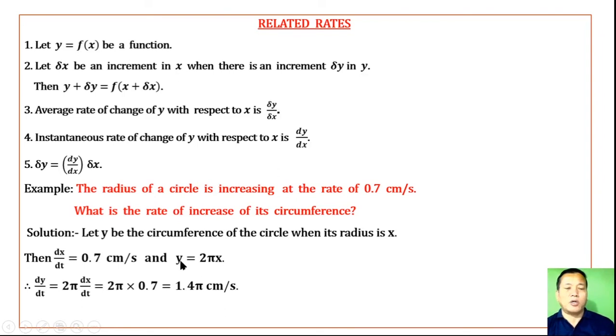Differentiating both sides with respect to t, we get dy by dt is equal to twice pi, which is constant, into dx by dt, as x is a function of t. The value of dx by dt is given as 0.7. It becomes 1.4 pi centimeter per second. Thus, the rate of increase of the circumference is 1.4 times pi centimeter per second.